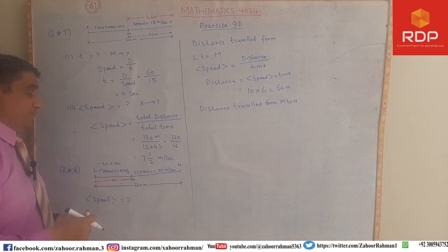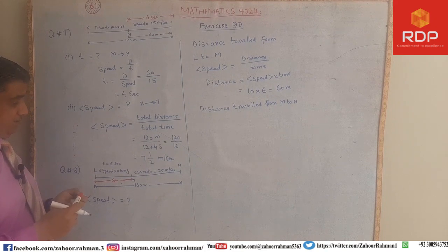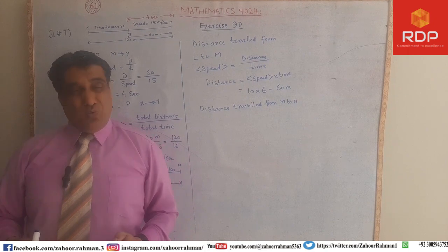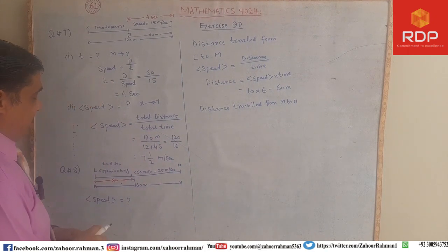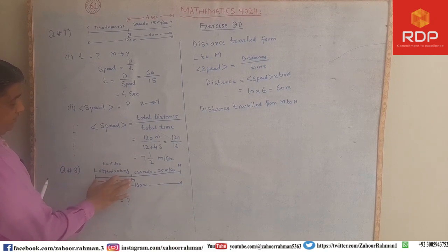Again, 25 meter per second is given. So we have to write that 160 is the total distance, and we found this one.